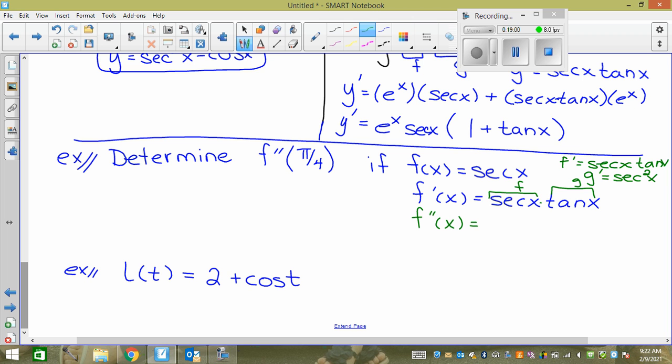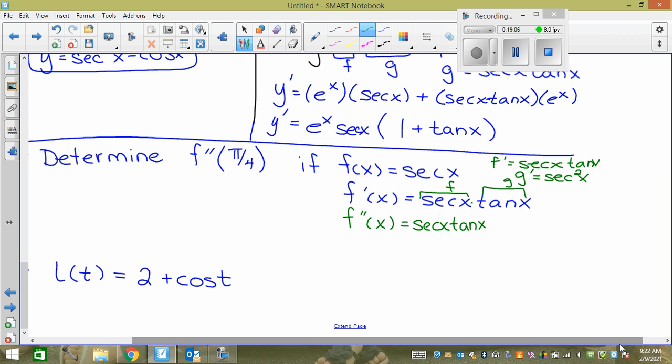So we would do f prime, which is secant x tan x, times g, which is tan x, plus g prime, which is secant squared x, times f, which is secant x. You can simplify it if you want to: secant x tan squared x plus secant cubed x.